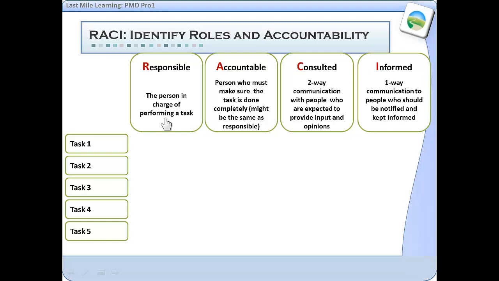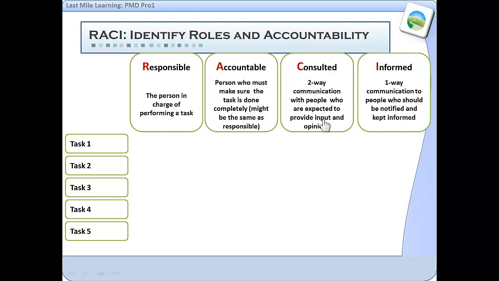The responsible person is the person in charge of actually performing the task or doing the work. The accountable is the person who makes sure that the task is done. And it could be that these are the same people, especially in small projects. Larger projects, they're likely to be different people.